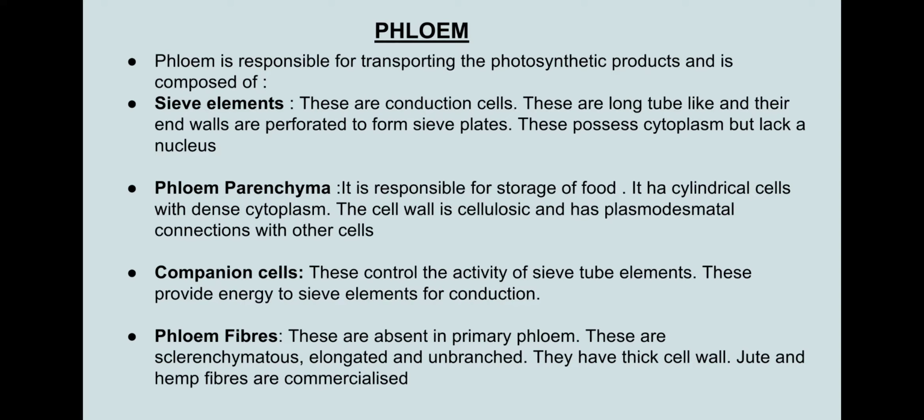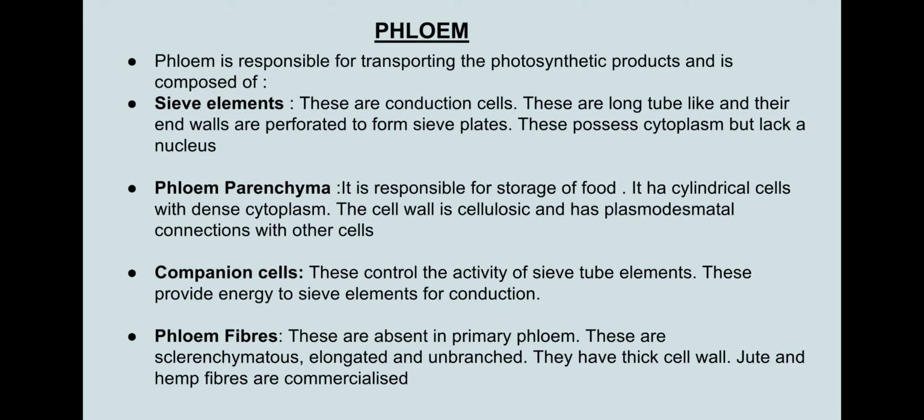Sieve elements are the ones which are primarily responsible for the conduction. They are long, tube-like, and their end walls are perforated to form sieve plates. So their end walls are modified to form the sieve plate. These possess cytoplasm but they lack a nucleus.